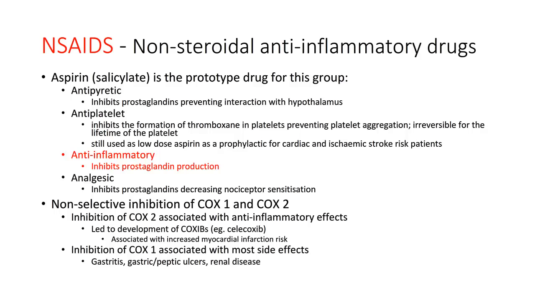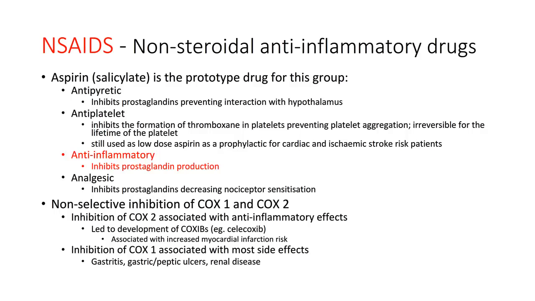Aspirin acts as an antipyretic, an antiplatelet, an anti-inflammatory, and an analgesic. We're going to talk about antiplatelet properties when we do the cardiovascular topic, and we've talked a little bit about it along the way anyway. Today we're going to talk about the antipyretic, anti-inflammatory and analgesic effects because they all relate to the production of prostaglandins.